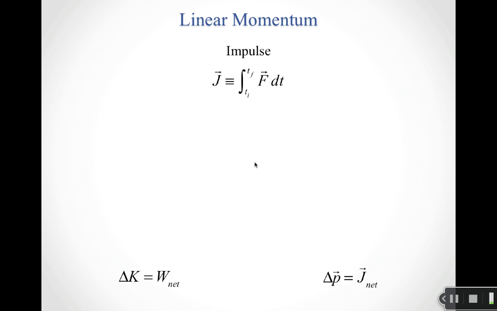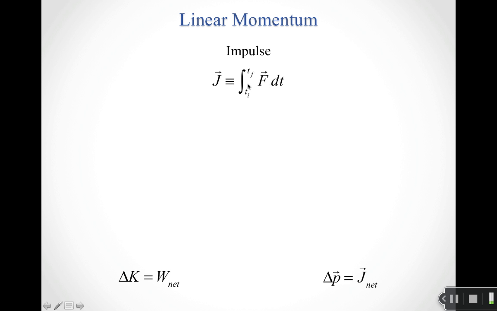The last thing we want to add here is the impulse. The impulse is defined to be the integral from some initial point in time to some final point in time of F dot dt. What the impulse is trying to measure is, if a force acts on our object, the impulse given by that force is going to depend on what the force is, what its magnitude is, what its direction is, and how long it acts on the object.